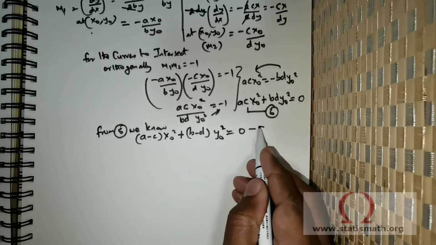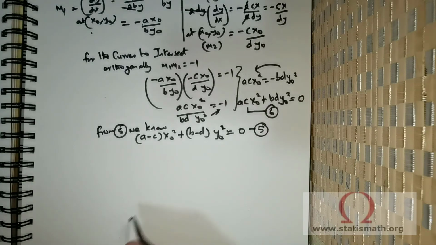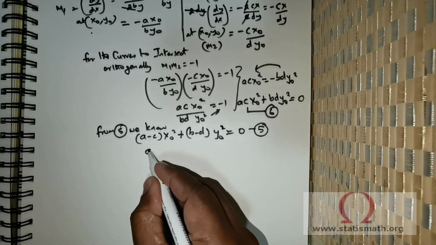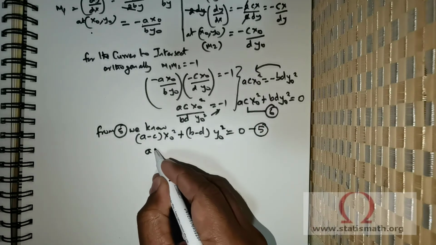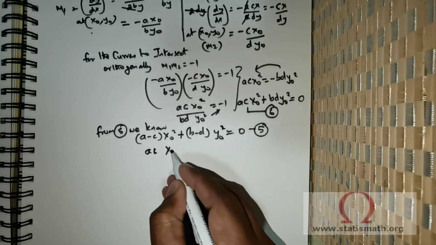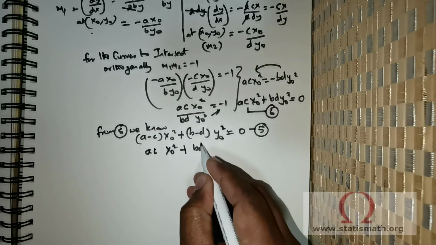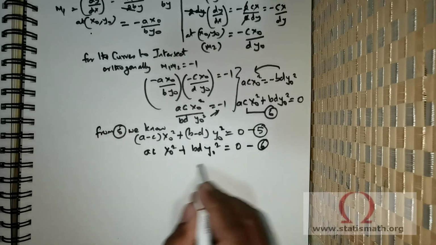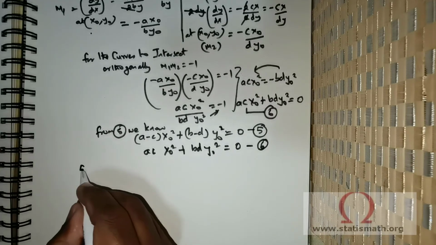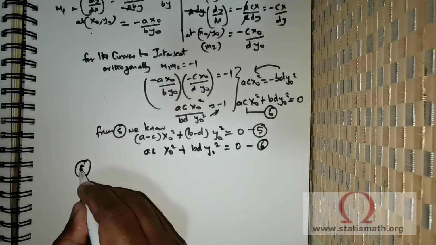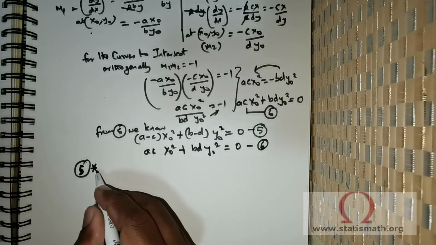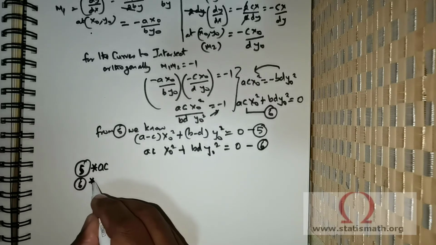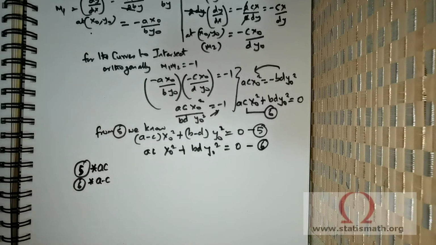So we have got this as 5, and we have got equation 6, which I'm going to write exactly below. So that's going to be ac x0 squared positive b times d y0 squared is equal to 0. So this is 6. Now what I'm going to do is multiply equation 5 by ac, and multiply equation 6 by a negative c.